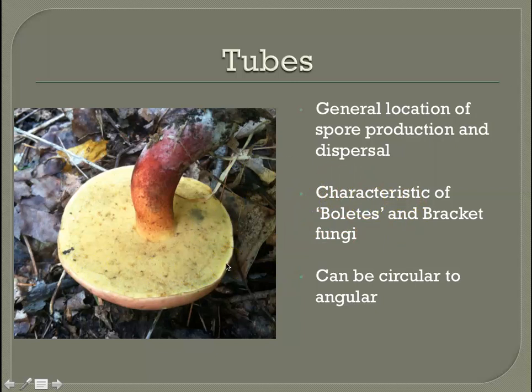Basically, boletes, the broad term, fall into fleshy stalked mushrooms that have pores, like this one here. Also bracket fungi, like artist's conk, that's Ganoderma applanatum, Fomes fomentarius that we saw earlier, Piptoporus betulinus. They also have pores instead of gills. And that is the production space for the spores.